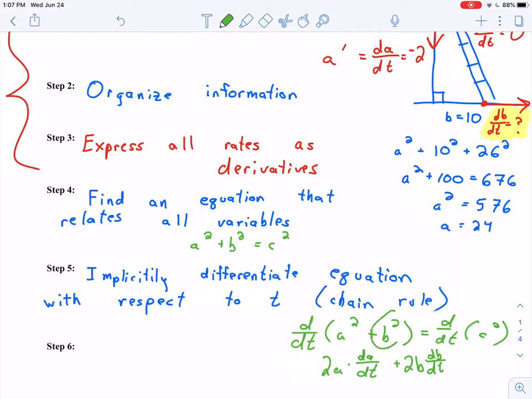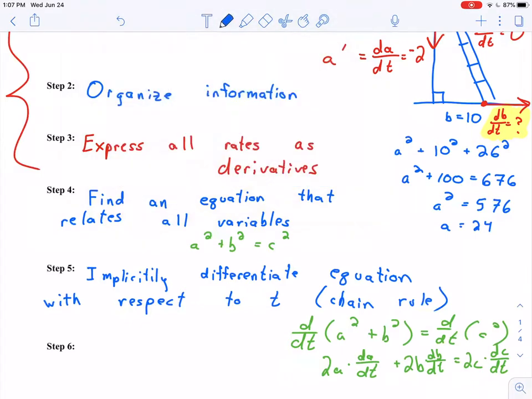So I'm just taking the derivative of b squared. That's how I come up with 2b times dB over dt. There's my chain rule. The right-hand side, same idea. Derivative of c squared, we would say, okay, well, that is 2c. Applying our chain rule, we're going to have times dC over dt. So that was my step 5.